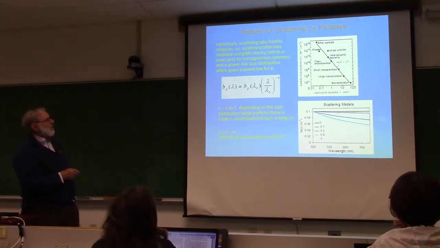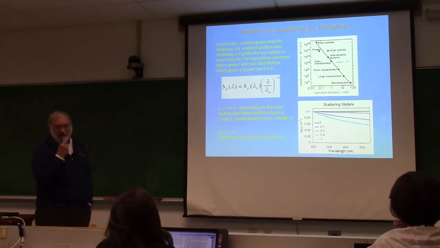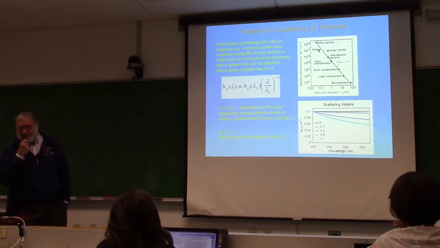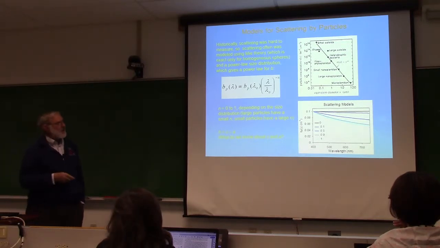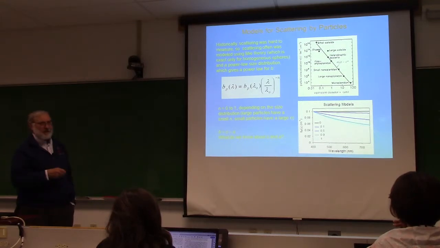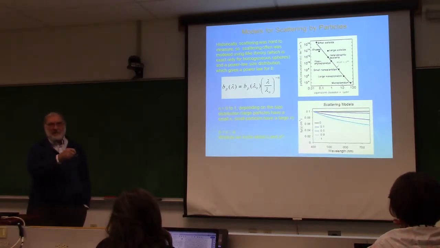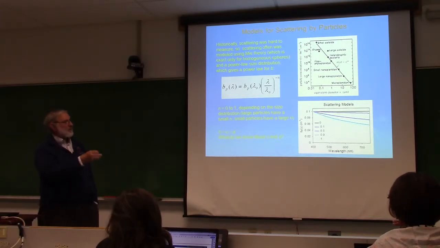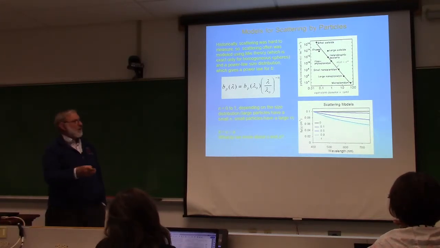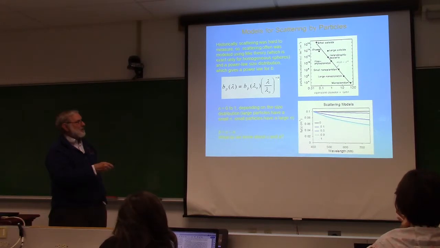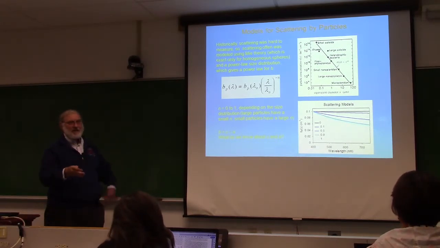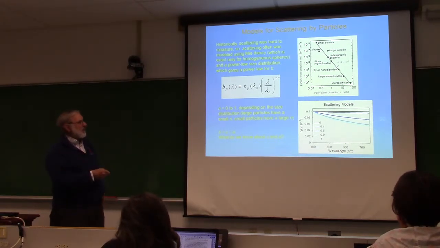Historically, it was hard to measure scattering. This is pre-AC 9 days. So people would use Mie theory, and Mie theory says, if you have nice spherical particles and so forth, you should have this wavelength to the minus n, and if they were really small particles, n would be 4. That's Rayleigh scattering. If they're really big particles, n goes to 0, but typically n might be 1, a half, something like that.